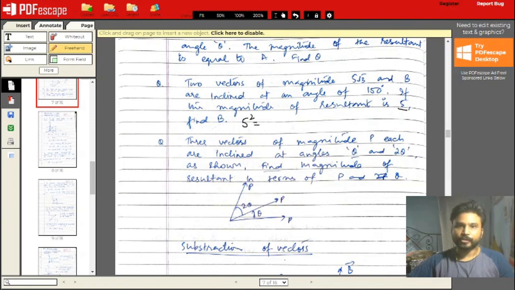So 5 square is equal to 5 root 3 square plus b square plus 2 into 5 root 3 into b into cos 150.